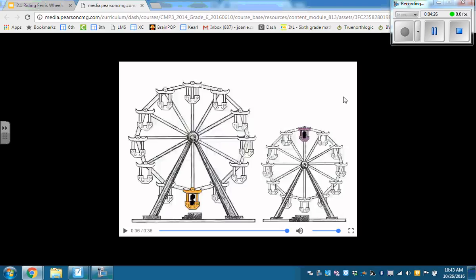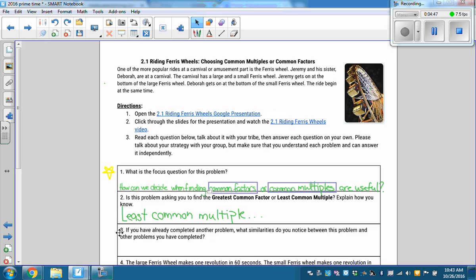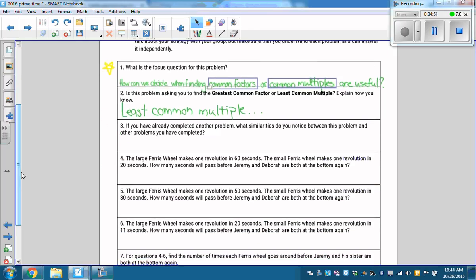So in this problem, the question is, when will they be at the bottom at the same time? And in order to do that, we would have to think more about multiples than factors. So let's go back here and look a little bit deeper into this question sheet.